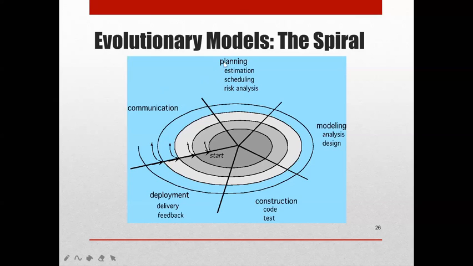What is the meaning of planning? All planning activities are carried out in order to define resources, timeline, and other project related activities. One more point you can write: it estimates the scheduling and risk analysis. These are the two points under your planning.